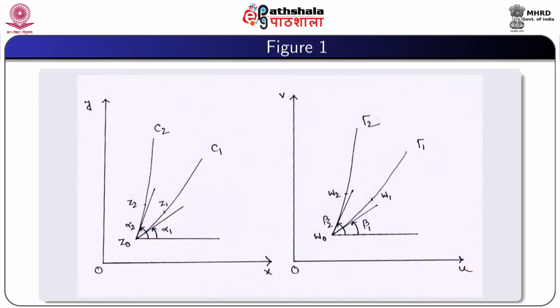Suppose the tangent of gamma 1 at W0 makes angle beta 1 with the real axis, and the tangent of gamma 2 at W0 makes angle beta 2 with the real axis.